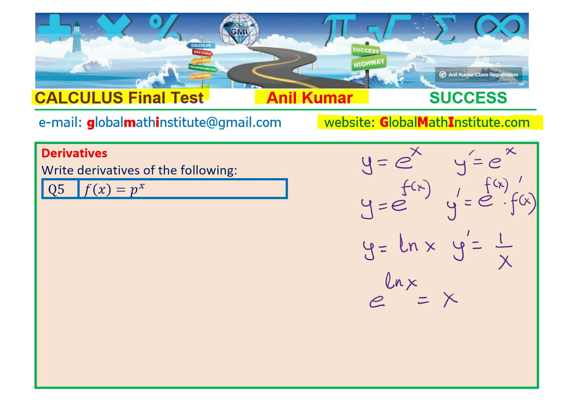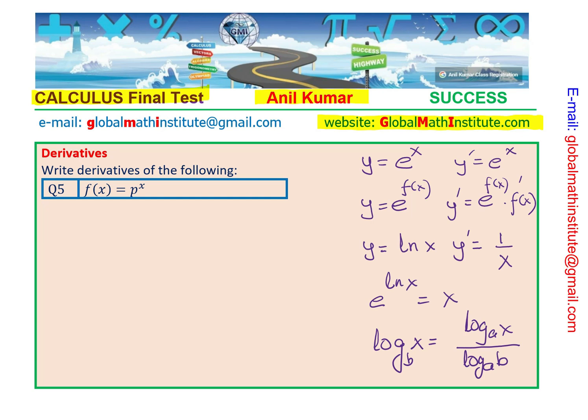And the change of base formula: if I have log to the base b of x, it could be changed to any other base a using the change of base formula, which is log to the base a of x divided by log to the base a of b. So these are the formulae which will be utilized in answering these two questions. It's a review for you to prepare for the final test.